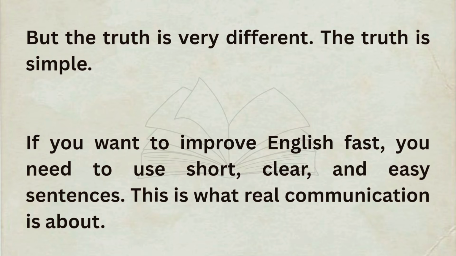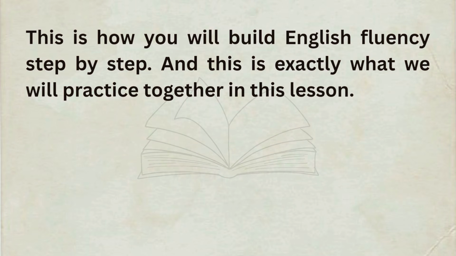If you want to improve English fast, you need to use short, clear, and easy sentences. This is what real communication is about. This is how you will build English fluency step by step. And this is exactly what we will practice together in this lesson.